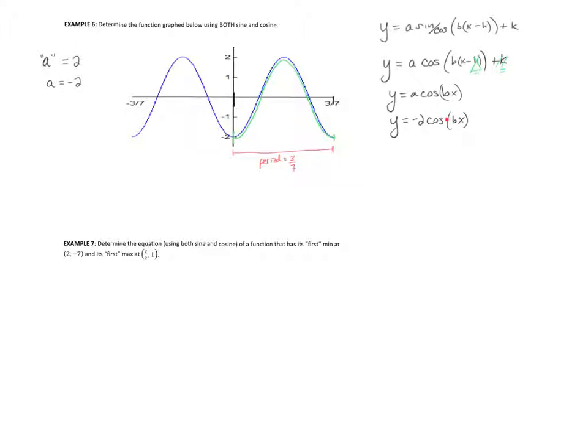So now we're just working backwards. We know what the period is, we just don't know what b is. So if we use our formula for period, where the period equals 2 pi over b, and we know that's equal to 3/7 because it goes from 0 to 3/7 to complete its period, all we have to do is solve this algebraically to figure out what b is.